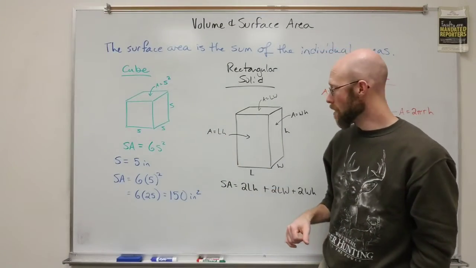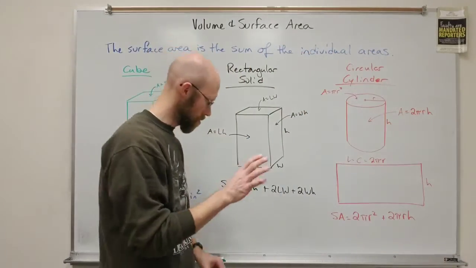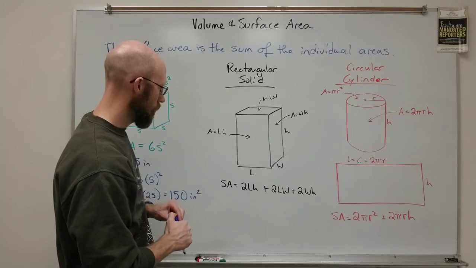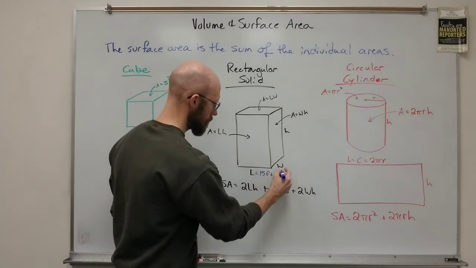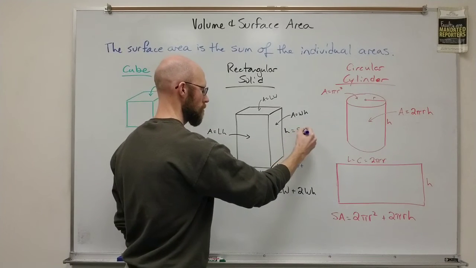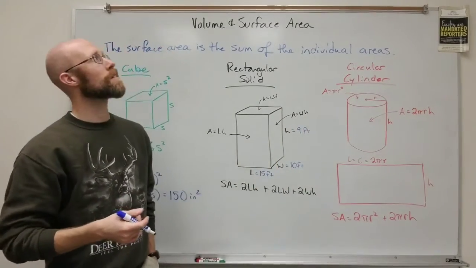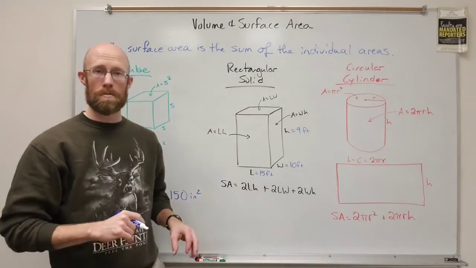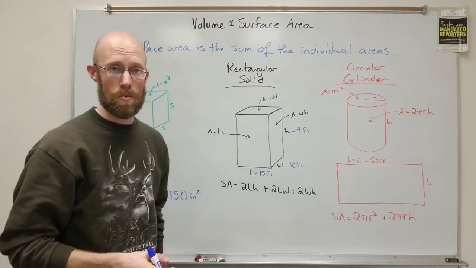The room I'm in, I roughly measured it to be about 15 feet by 10 feet by 9 foot tall. Let's say those are my dimensions and I wanted to paint all 6 surfaces in this room.